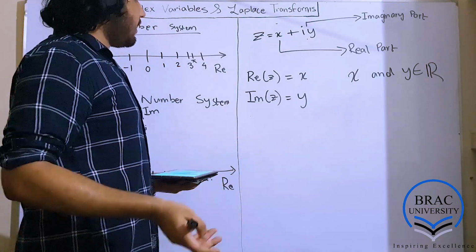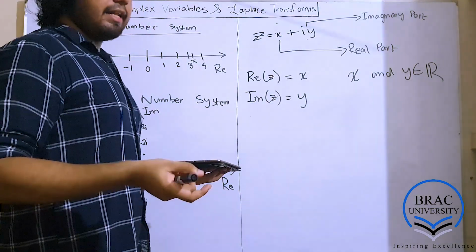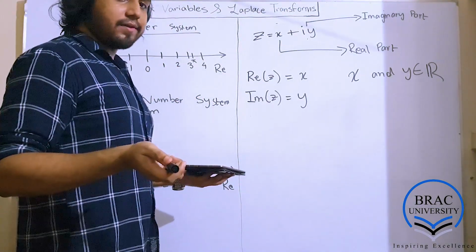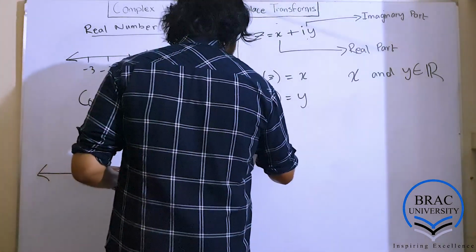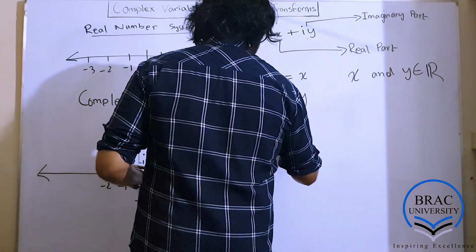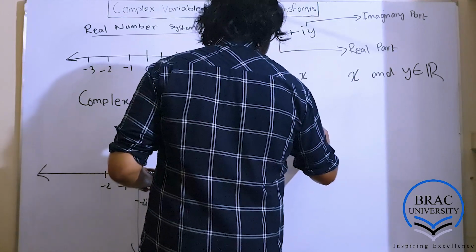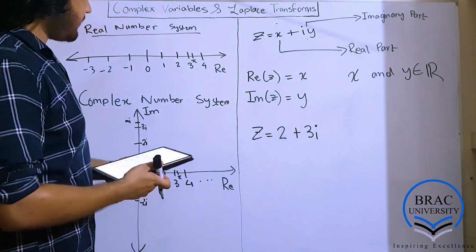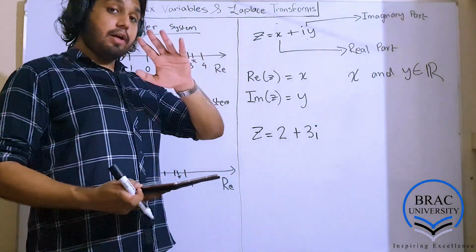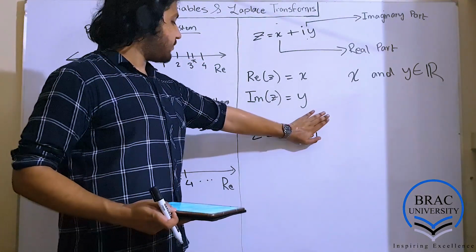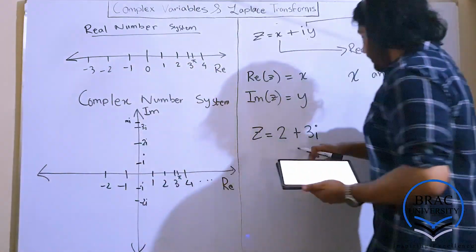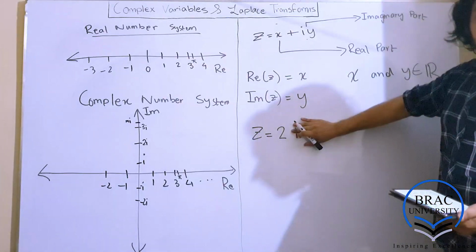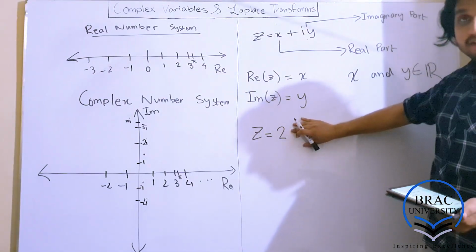Now let me give you an example of what a normal complex number looks like. Let's say you have z equals 2 plus 3i. If I gave you a normal real number and hid this part, you would have just a real number, which means your imaginary part is 0.